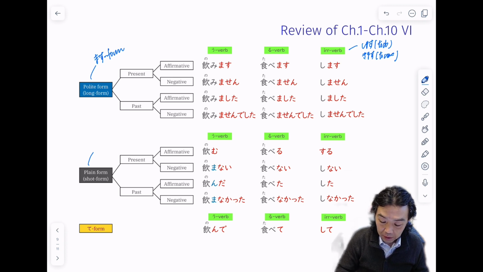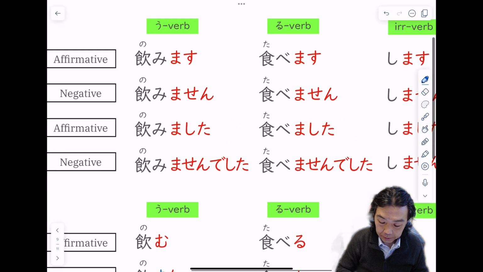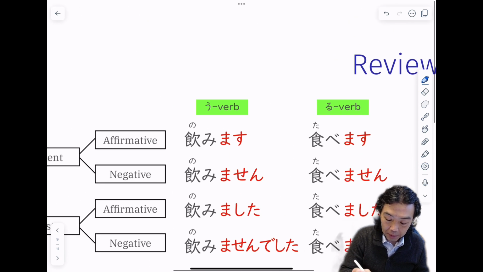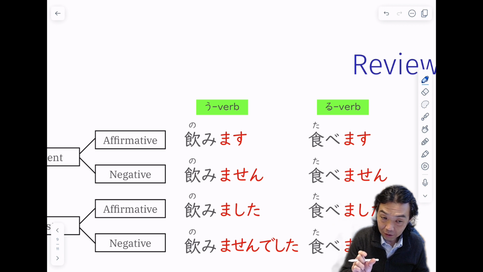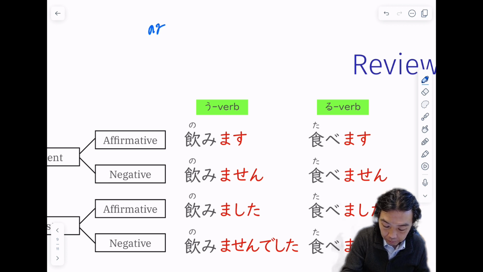The stem is basically the part of the verb that doesn't change. So for example, if you have nomimasu, the stem is nomi. If you have tabemasu, the verb stem is tabe.